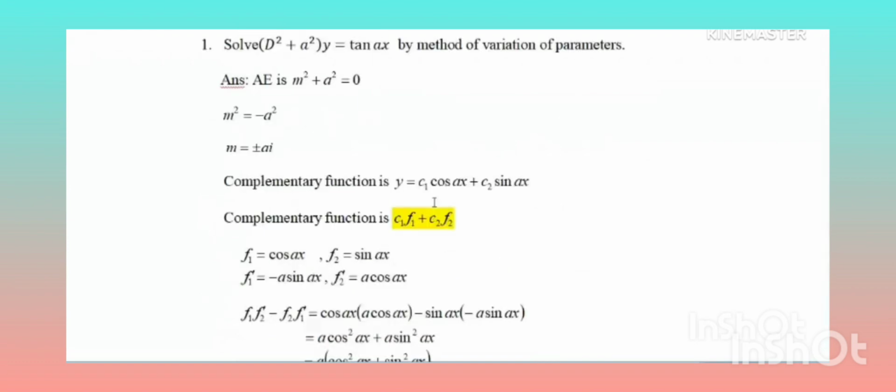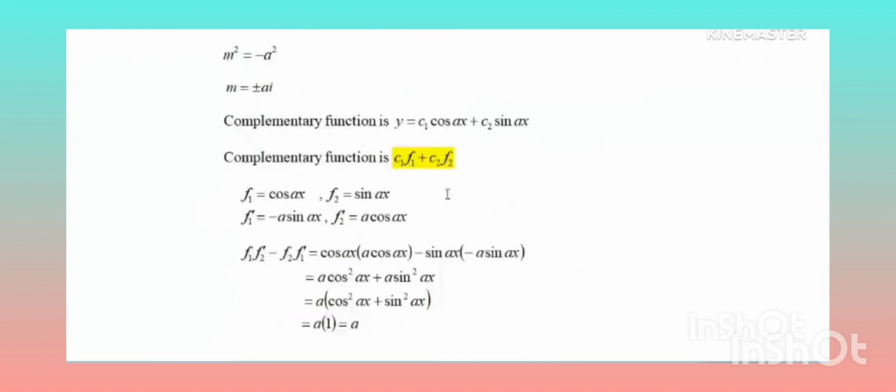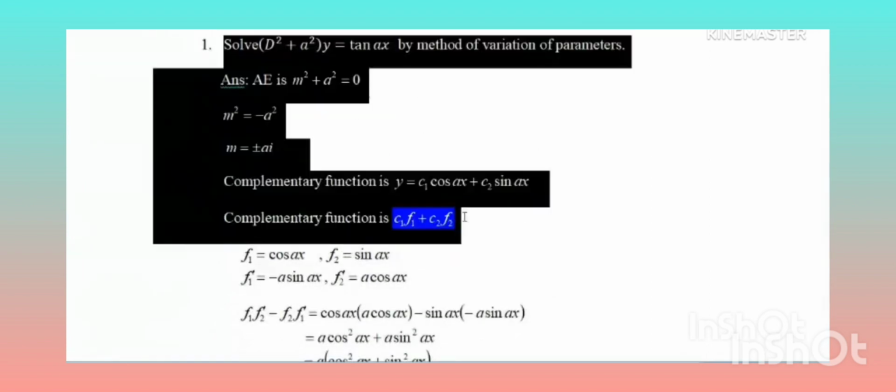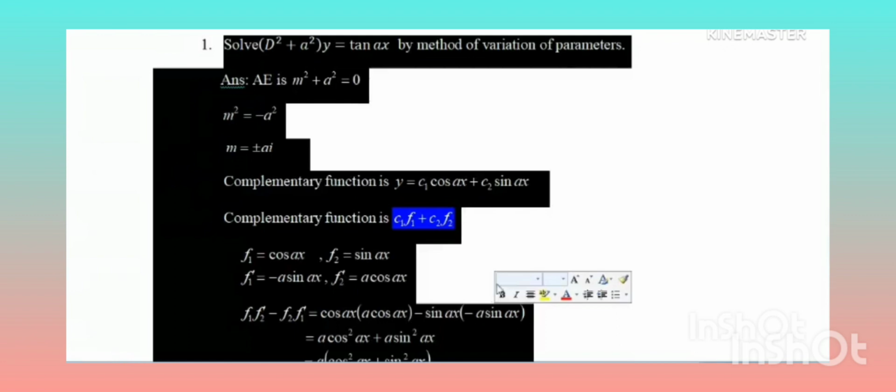So next question is, solve d square plus a square into y is equal to tan ax. Instead of cosecant, here it is tan ax.